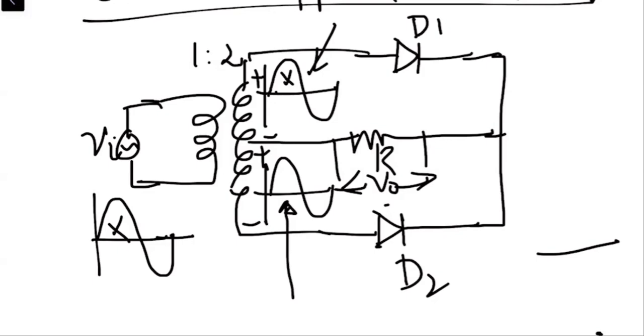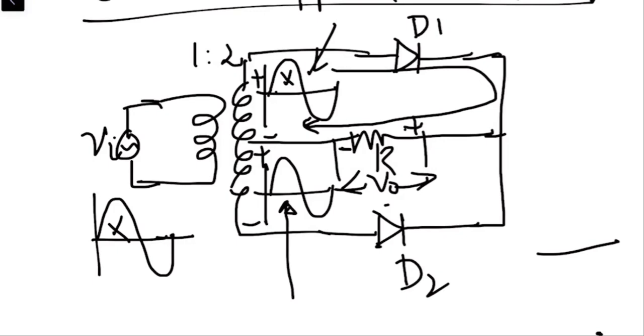Whenever we apply the positive half cycle, in the secondary we have the positive half cycle, and due to this the diode D1 will behave as forward bias, and diode D2 will behave as reverse bias. Due to that, the current will flow from D1 to the resistor R. This means the output will be across the resistor R in plus and negative direction, right?